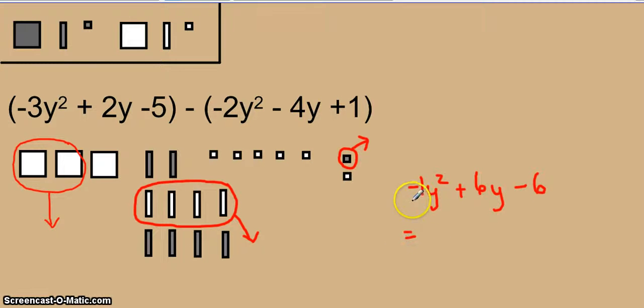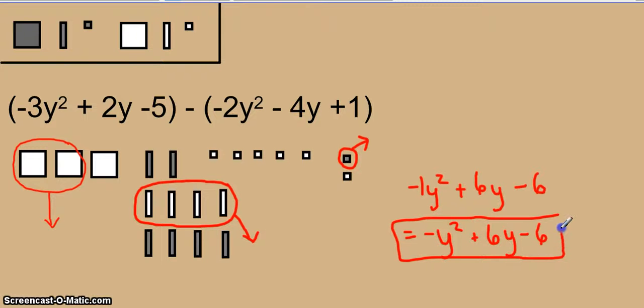Again, remember that we don't write 1 as a numerical coefficient. We can simplify that further as negative y squared plus 6y subtract 6. So when we subtract those two polynomials, this is our simplified answer.